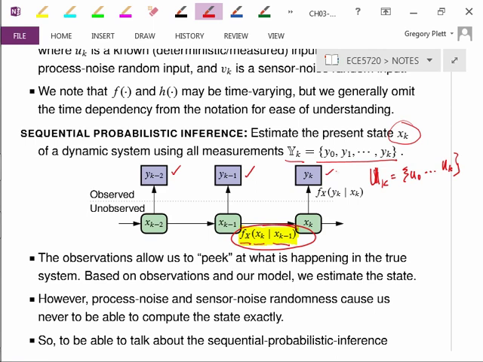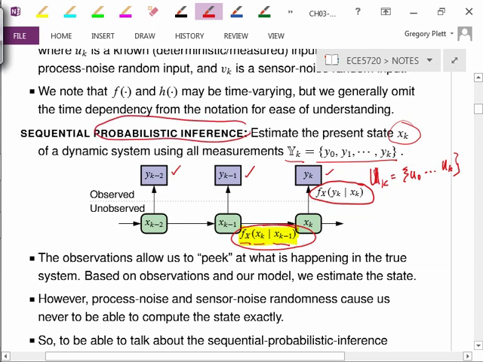So there is randomness here describing sensor noise, some probability distribution function of the measurement given the state itself. So this is why it's probabilistic inference, because I'm using probability theory to talk about these PDFs and to use those PDFs plus the model to come up with an optimum estimate of the state.